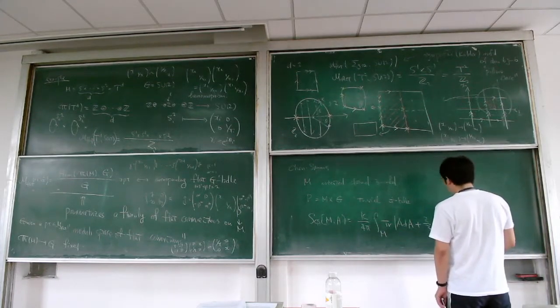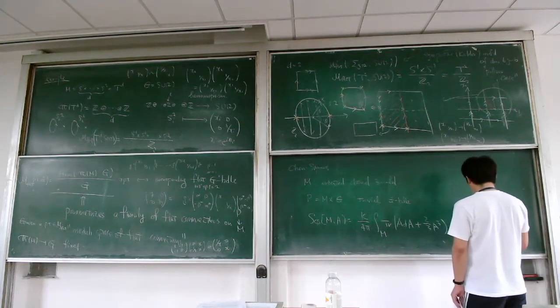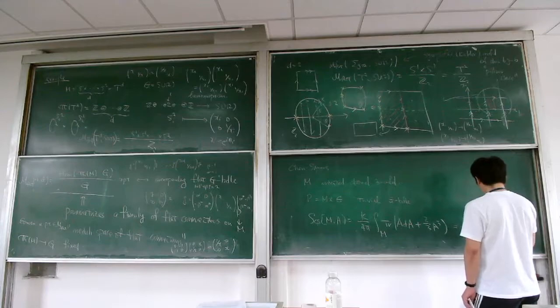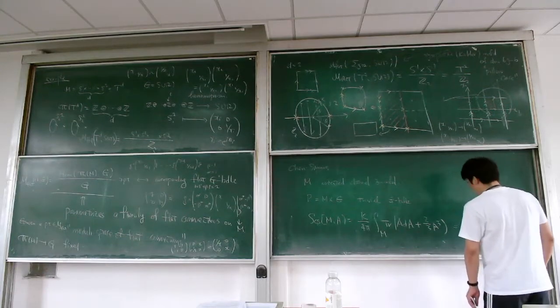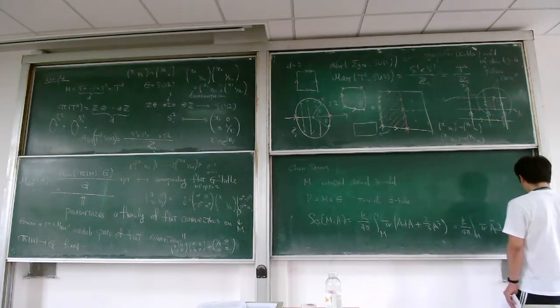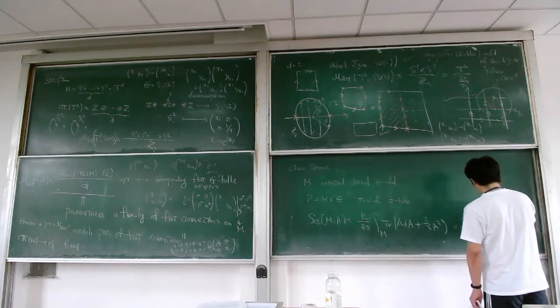Or if you write indices, this is the trace of A dA plus 2/3 A cubed, with epsilon mu nu rho.